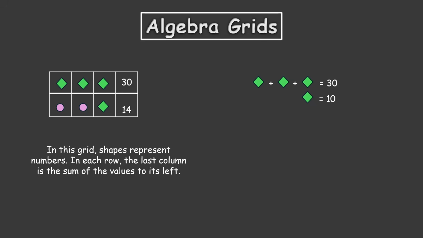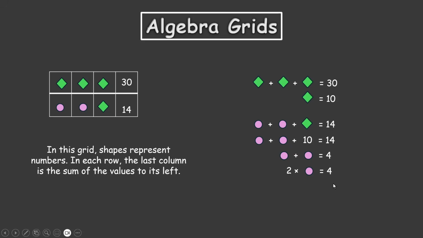One diamond is equal to 10. Now for the second row, we have 2 pink dots added to a diamond, and these are equal to 14. Now we know the value of diamond. That is 10. So these 2 pink dots are equal to 14 minus 10, which is 4. So 2 into this dot is equal to 4. That means the value of the dot is 4 by 2, which is 2.